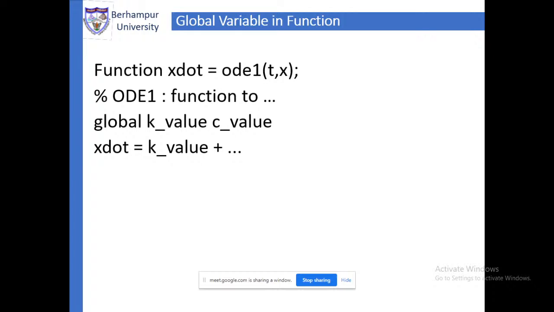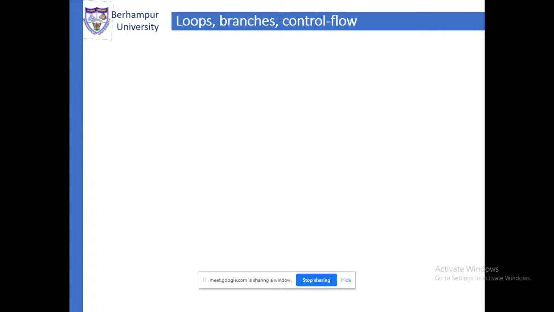Usually, unless you write global there, k value will be extinguished after you come out of the function. But if you have written global, then k value will continue to be as it was evaluated within the function.